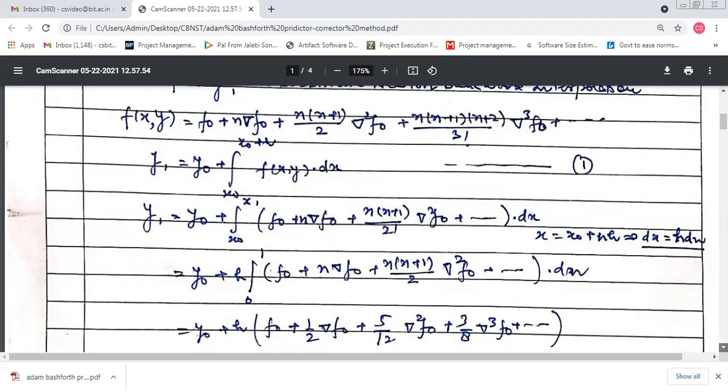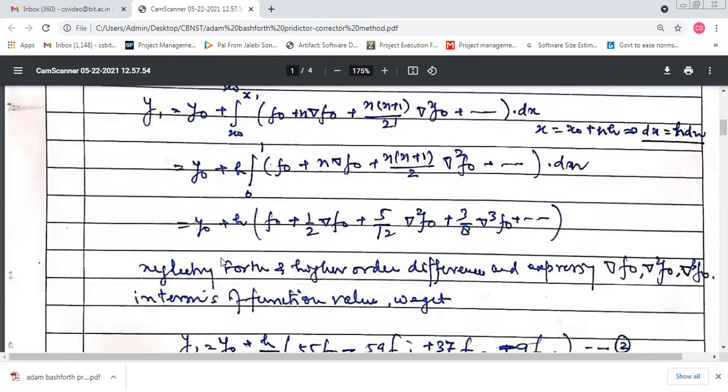And then, whenever we integrate, we will get y0 plus h times f0 plus 1 upon 2 delta f0 plus 5 upon 12 delta square f0 plus 3 upon 8 delta cube f0, neglecting the higher order differences, that is fourth order and above. Then converting delta f0 into f1 minus f0, delta square f0 is equal to delta f1 minus delta f0, and delta cube f0 is equal to delta square f1 minus delta square f0.